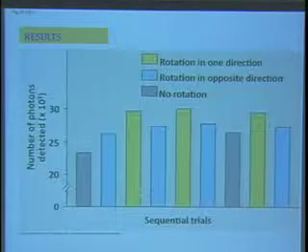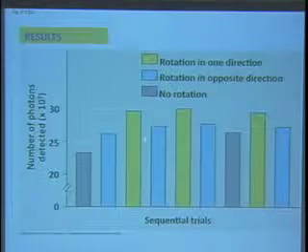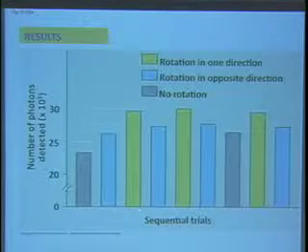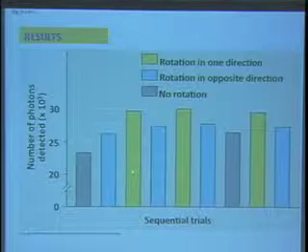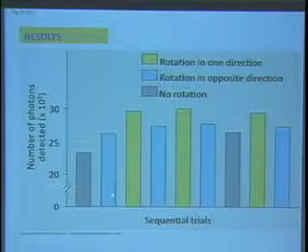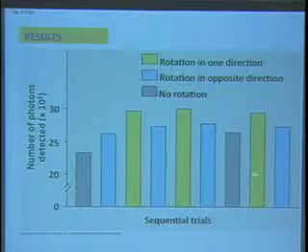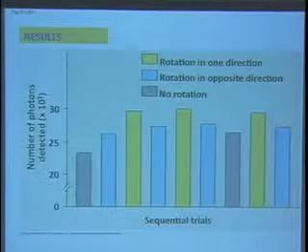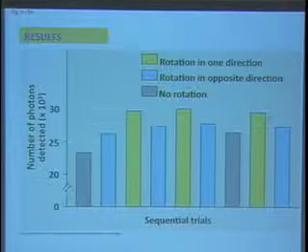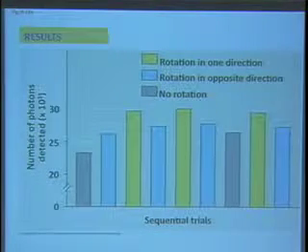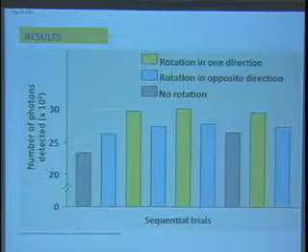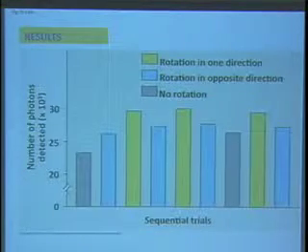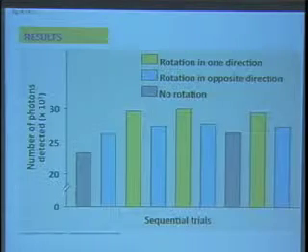What you can see is that when they rotated in one direction, they saw a lot more photons produced consistently, these yellow bars, than they saw when they rotated in the other direction, in these blue bars, or when they did no rotation in the gray bars. So that really suggested that this idea was right: the rotor spins in one direction and drives synthesis. If it goes in the other direction, the reaction goes in reverse. Very cool. I love that experiment.